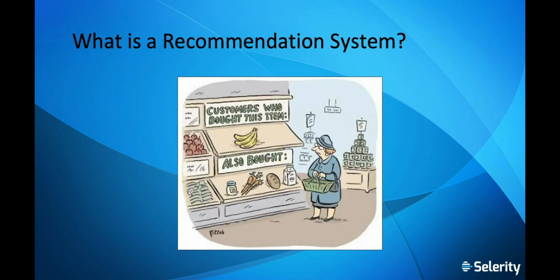I'm sure that many of you know what a recommendation system is, and I'm pretty confident that every one of you has experienced them in some shape or form. It's nearly impossible to not have come across them, from browsing Netflix, ordering a pizza online, or even just using Google to search for something.